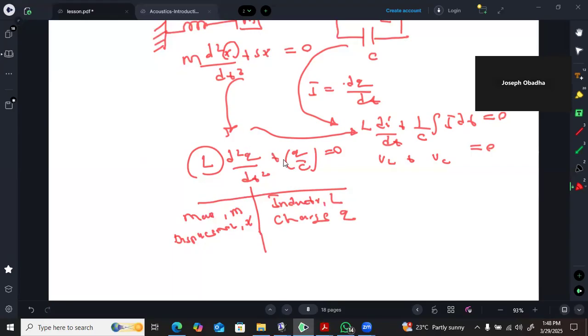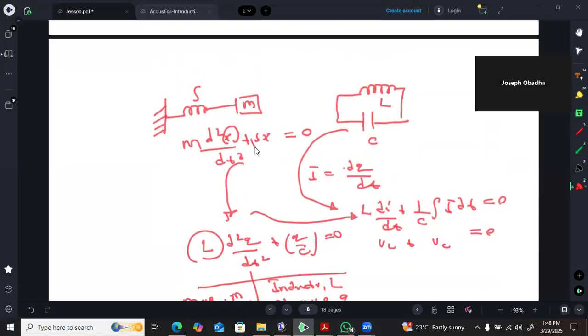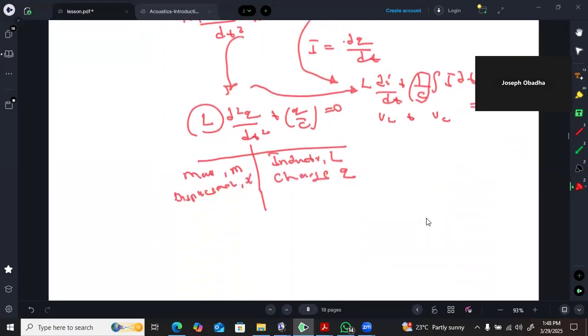Displacement corresponds to charge, and the spring constant S corresponds to 1 over C. So S, spring constant, corresponds to 1 over C. So these are the analogies that we are able to obtain from here, which help us to appreciate how this system actually operates when we apply the force as and when we apply the voltage to the system.